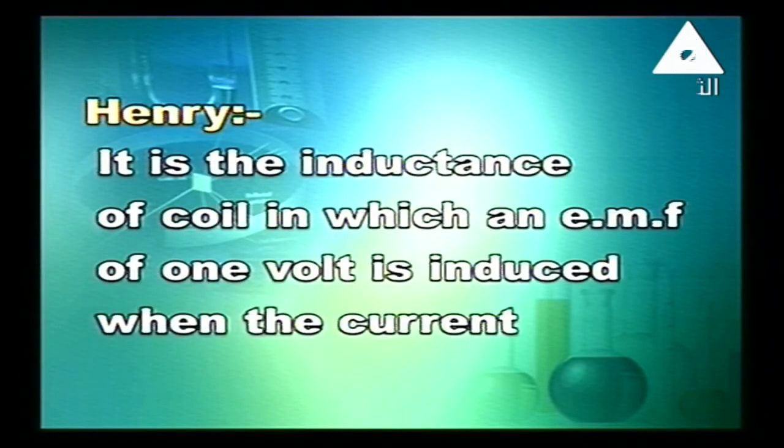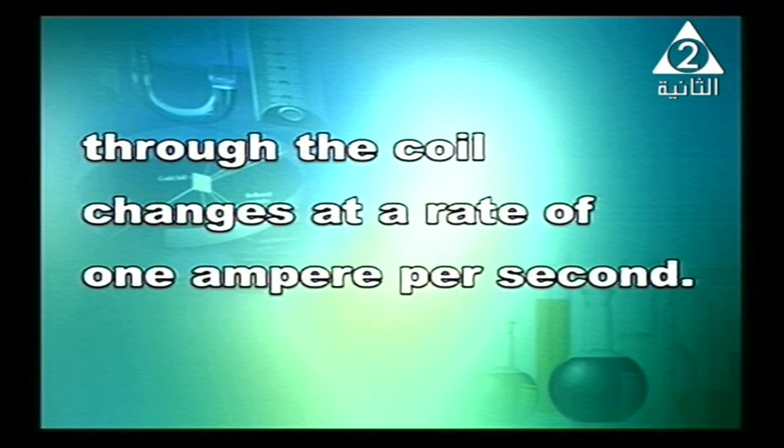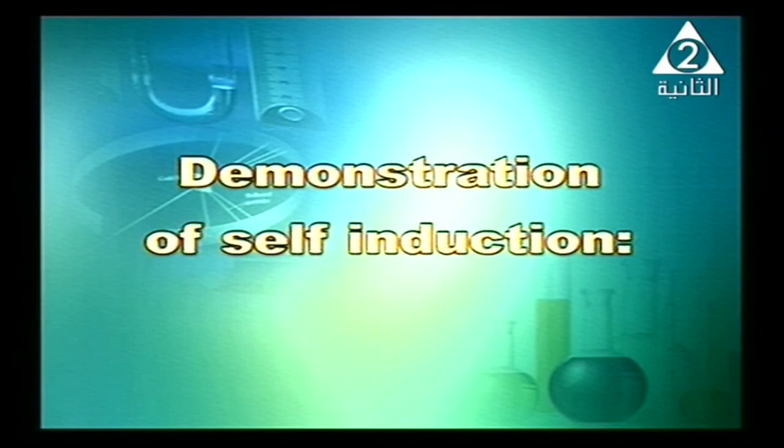And what about the definition of Henry according to self-induction? It is the inductance of a coil in which an EMF of 1 volt is induced when the current through the coil changes at a rate of 1 ampere per second.